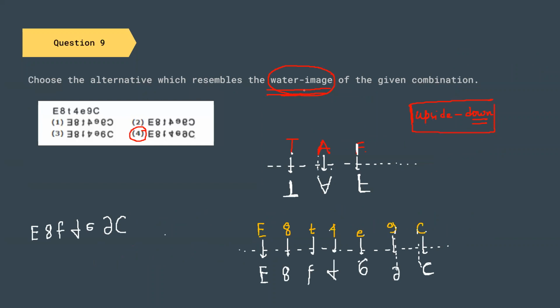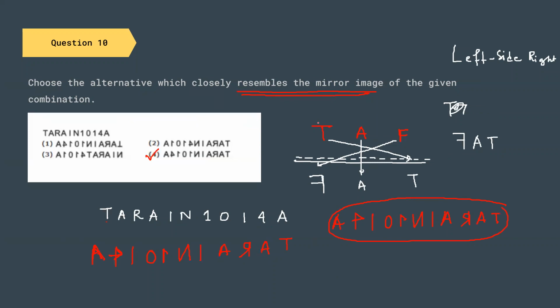So I'll just revise that once. Whenever we are working with mirror image, the positions of the letters are reversed, so T will come here, A will come here, and F will come here.